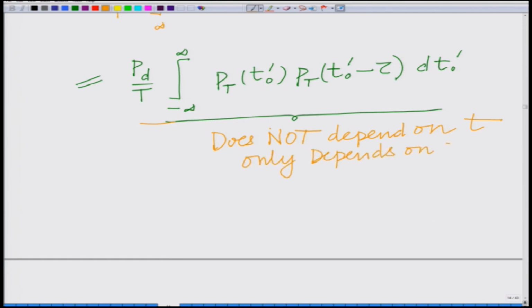Hence, now x t is wide sense stationary.